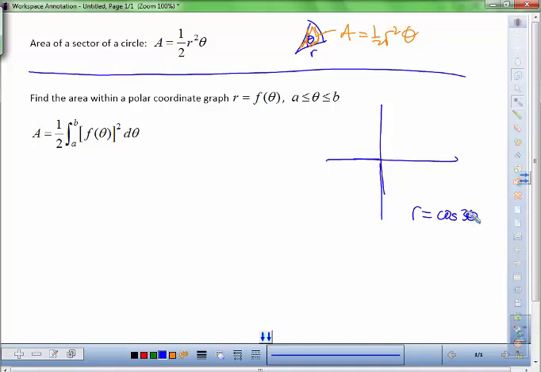Do you guys know how this looks? It's a 3-petal flower, right? So it'll be drawn something like this. Let's see if I could draw it from 0 to 2 pi. It goes down, goes up. Yeah, something like that.